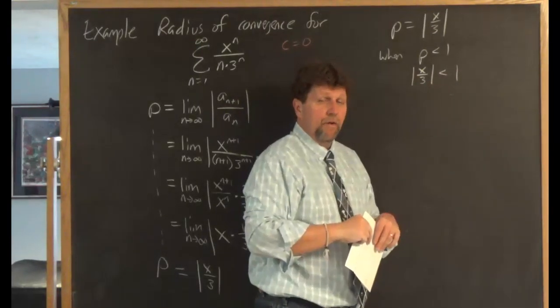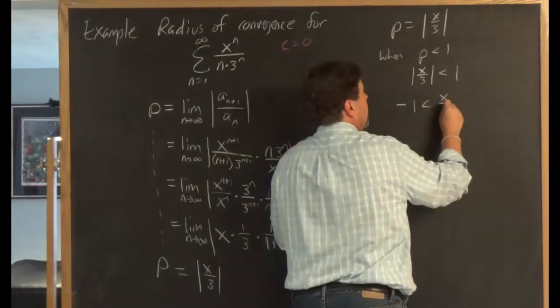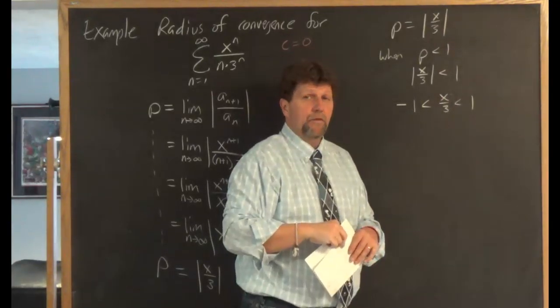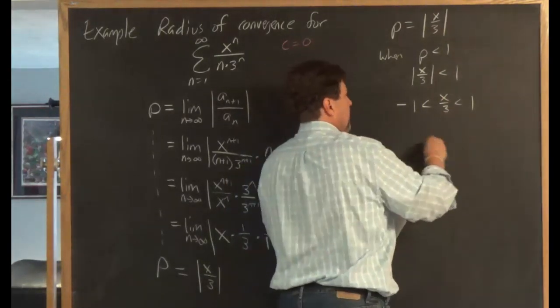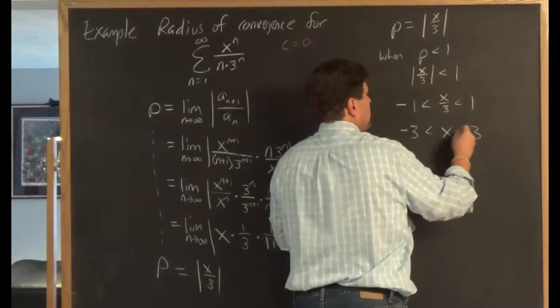Absolute value inequality, we immediately rewrite it as the compound inequality: -1 less than x over 3 less than 1. And then we multiply everything by 3 to get this.